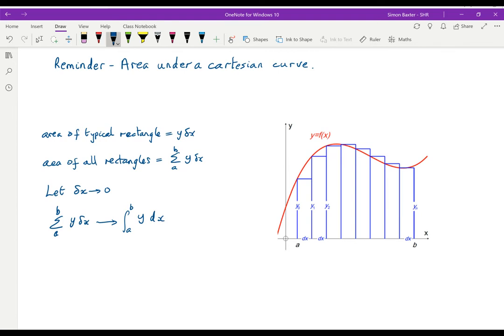And that is what you met when you first met the idea of area under a curve. Sigma y delta x becomes the integral y dx.